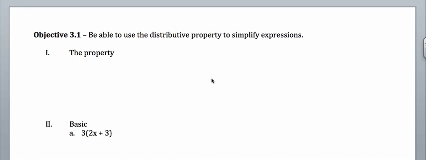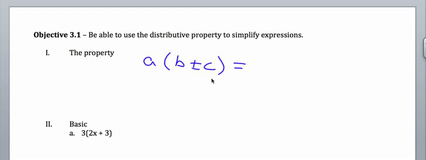So the property basically says this: if we have multiplication in front of parentheses, and either addition or subtraction inside the parentheses, let's say we wanted to bypass the order of operations. Order of operations says we need to do b plus c or minus c, whichever symbol happens to be in there first.